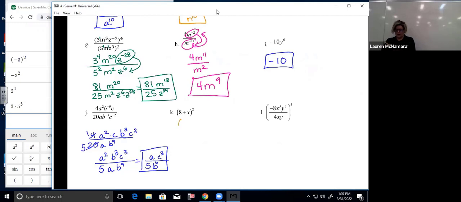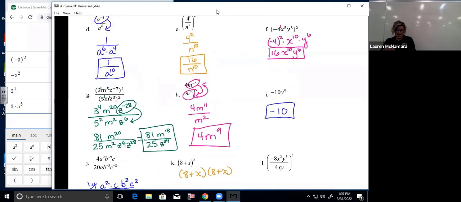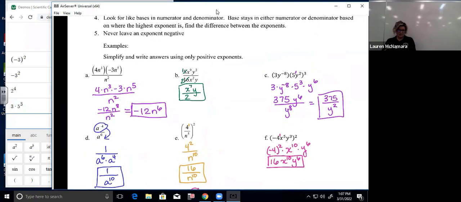I have to write it as 8 plus x times 8 plus x, which means, what do I have to do? Distribute. It's not the same thing as up here.